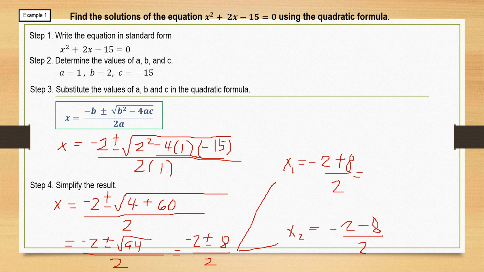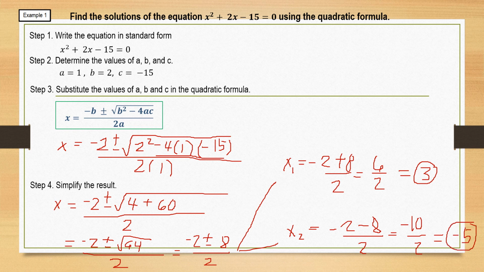So let's simplify. Negative 2 plus 8 is positive 6. 6 divided by 2 is equal to 3. And then for x sub 2, we have negative 2 minus 8, which is negative 10. Divided by 2, that will give us negative 5.